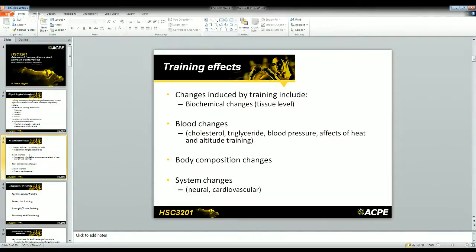Blood changes, and some of these can be considered more health than exercise performance. Your body composition changes, of course, will increase muscle mass, reduce body fat, increase respiratory type.